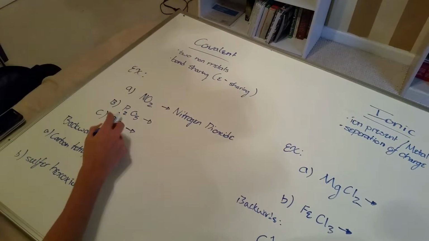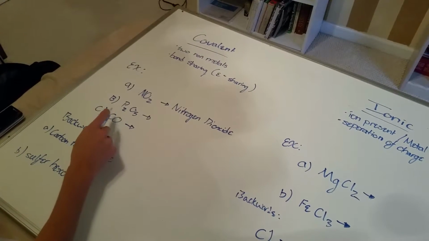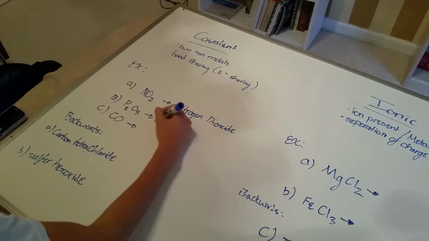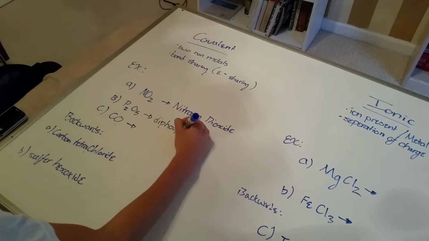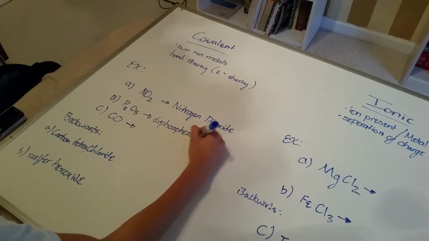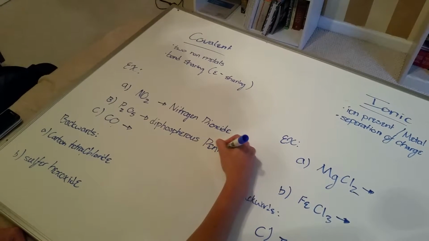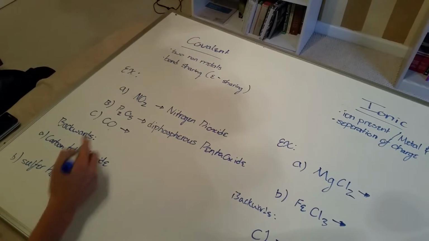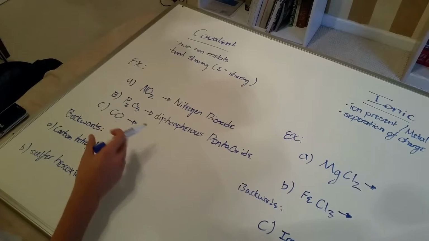And this one would be, since you have two in the first element, you would have di-phosphorus. I spelled that wrong. Pentaoxide, because you have 5 oxygens.